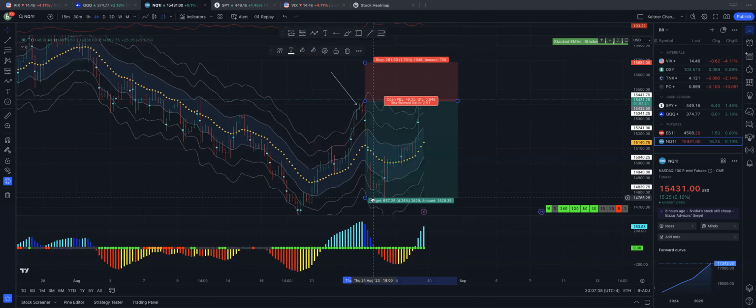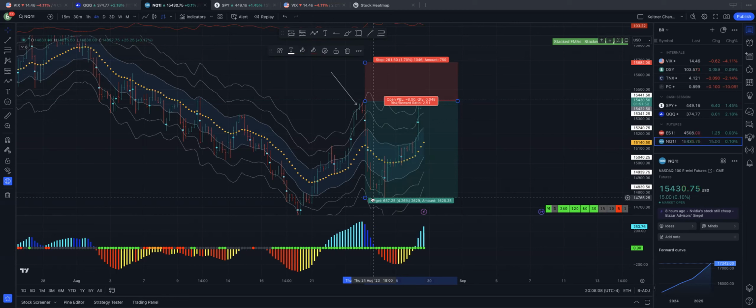Now, for the NASDAQ futures, if you equate this back into dollars in QQQ, I'm not going to get my calculator out, but every 40 points is roughly $1 in QQQ. So we dropped 657 points, so that's a $15 move.